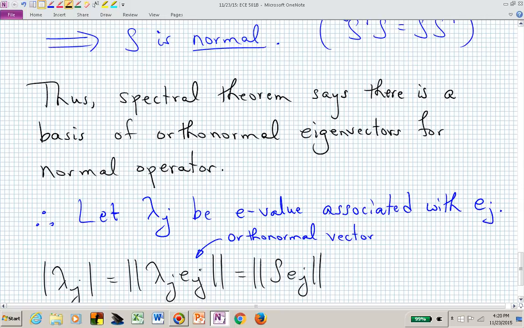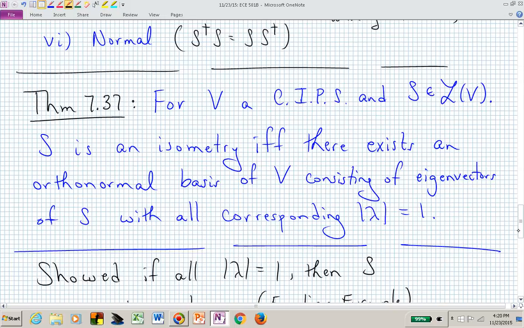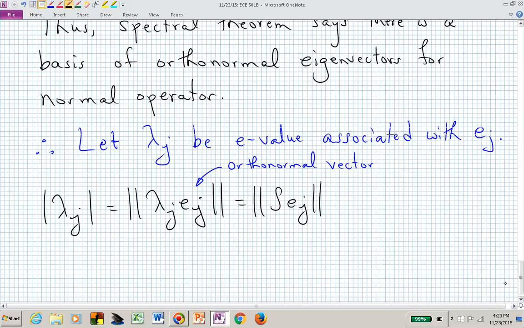But what did we assume in the A direction, or what was the A statement? We're assuming that S is an isometry. So now we have this norm preservation property: the norm of SV is equal to the norm of V. This is now equal to the norm of E sub j. That's the definition of an isometry.